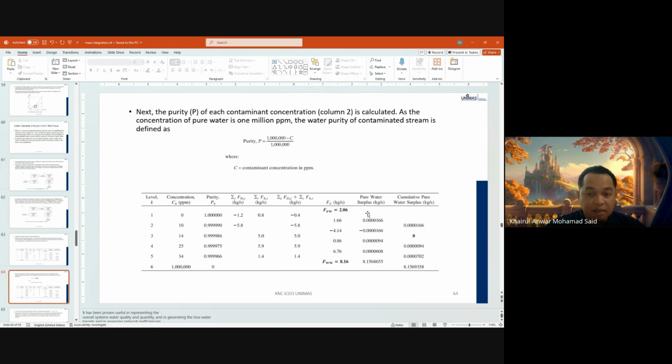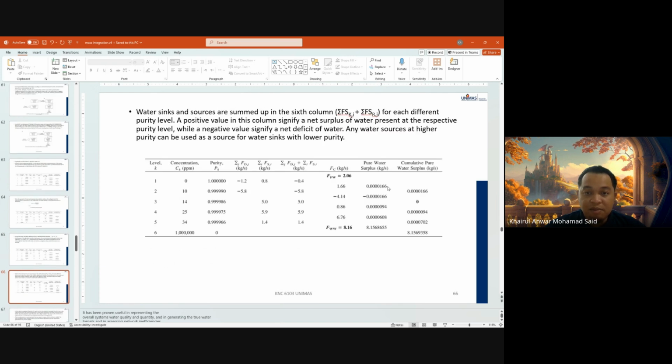Column 8, pure water surplus, is defined.